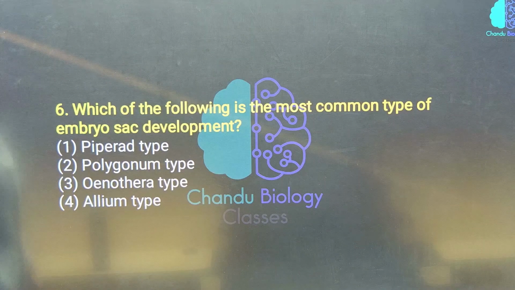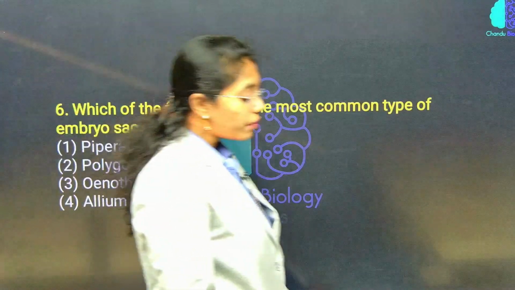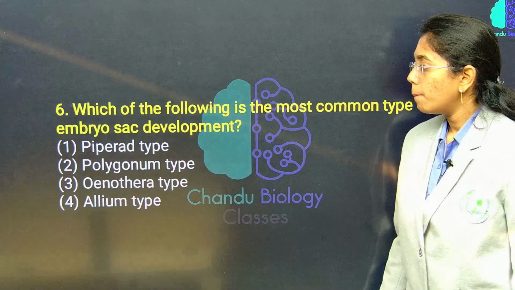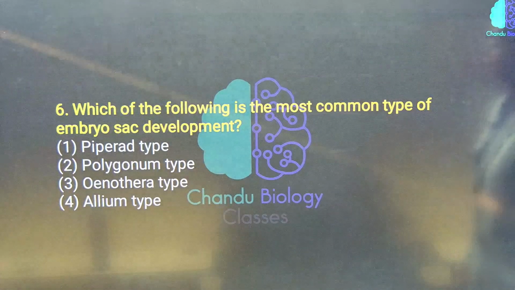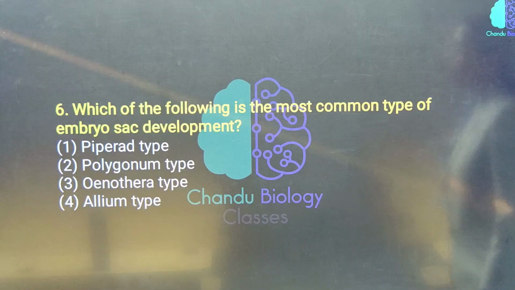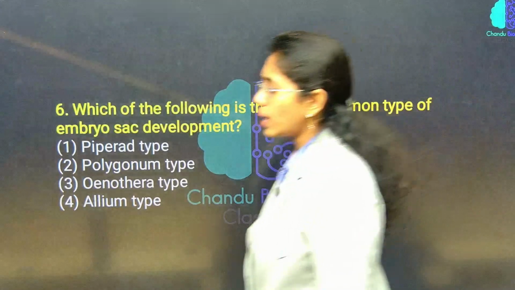Which of the following is most common type of embryo sac development? Recall, we have learnt about 3 patterns of embryo sac development: monosporic, bisporic and tetrasporic. Most common type. Easy to answer, just go through and answer.